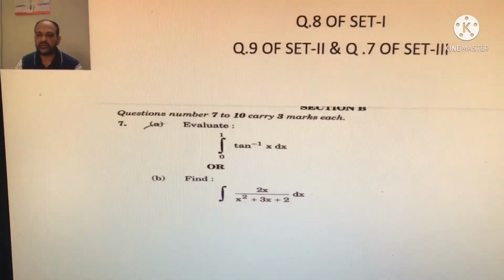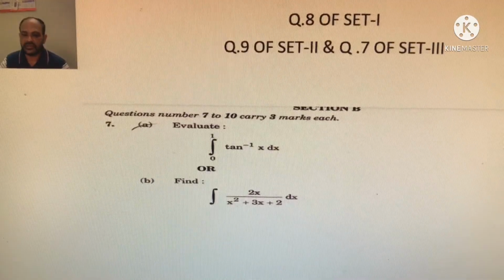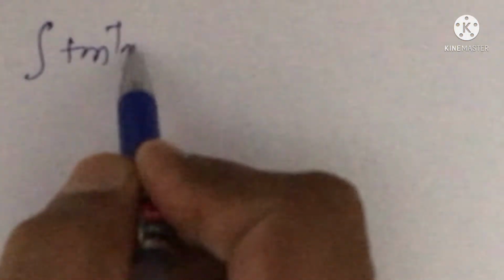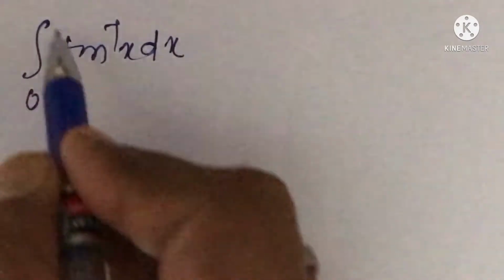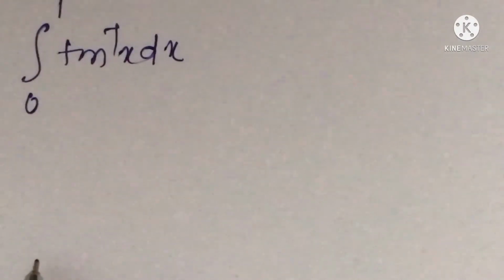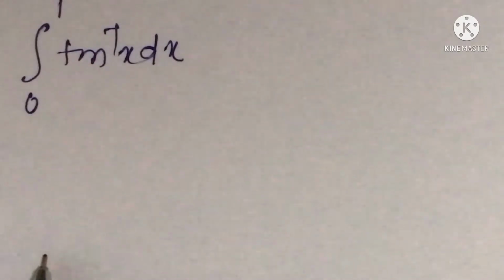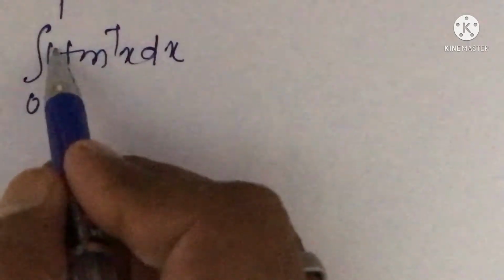The answer of bit A is integration of tan inverse x dx from 0 to 1. Here we use the by parts formula, so multiply by 1.